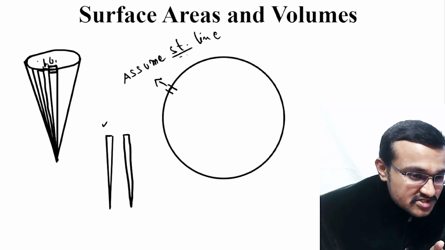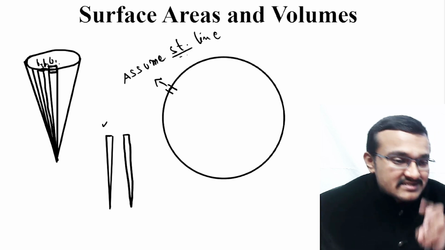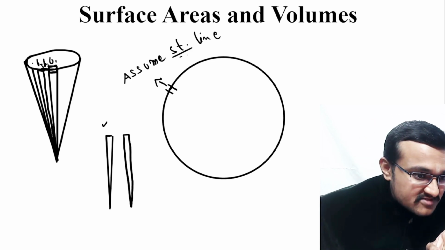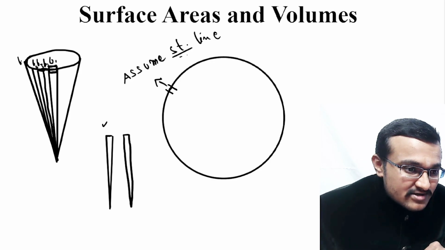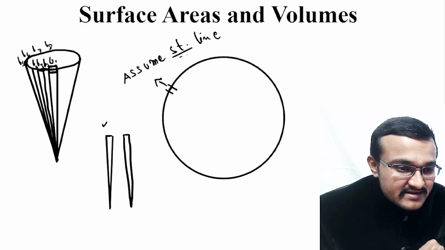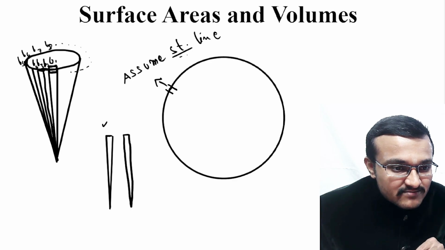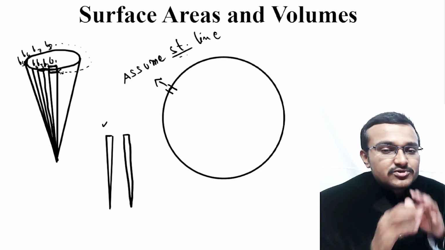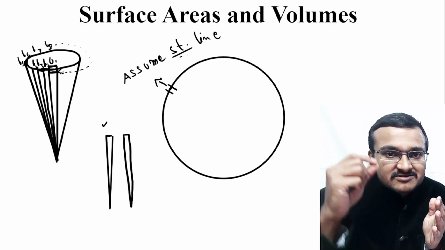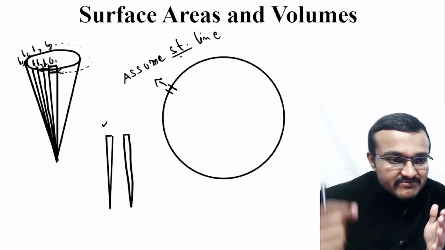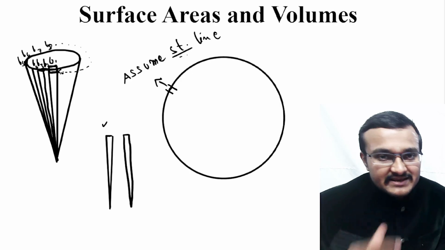This portion we can call B3, the base of the third triangle. This we can call B4, the base of the fourth triangle. Like that it goes on, B5, B6, B7, B8, until it comes back to this particular position again. So we have many small triangles with bases B1, B2, B3, B4, B5, B6, B7, B8, and so on.